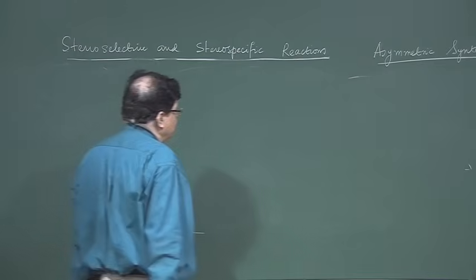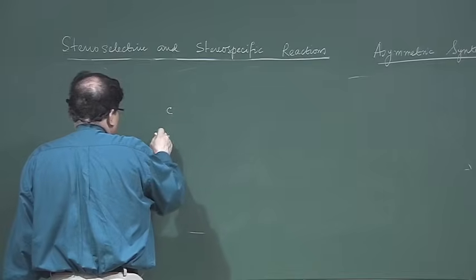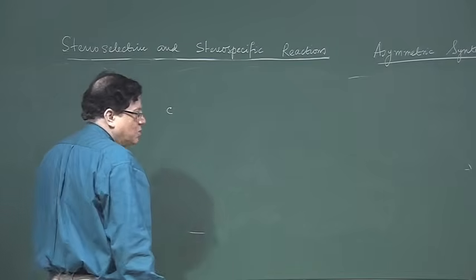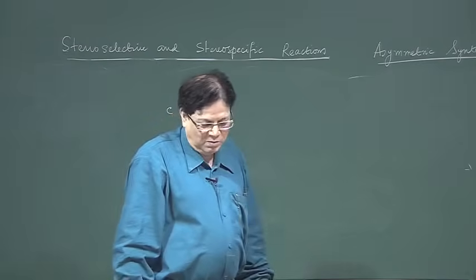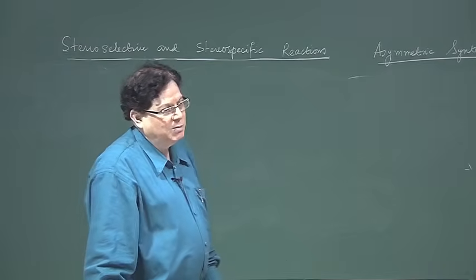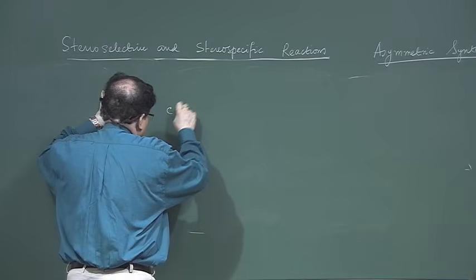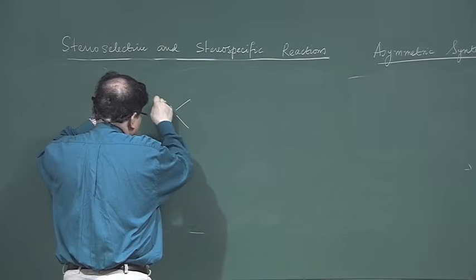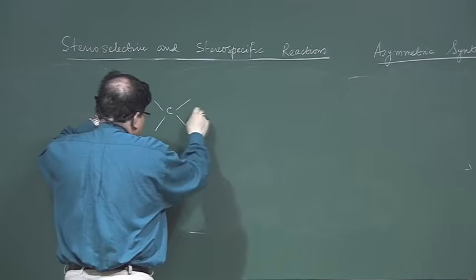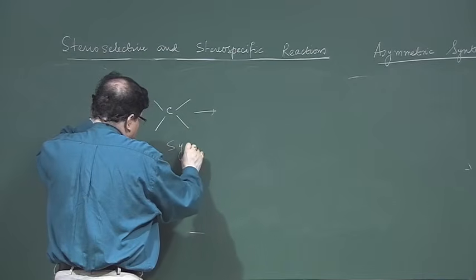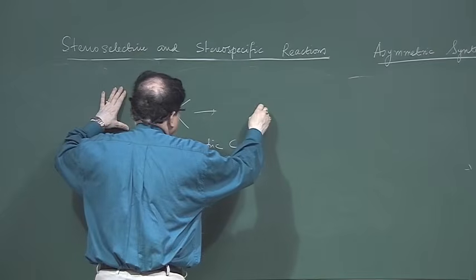Now, what is asymmetric synthesis? Asymmetric synthesis is when you take a molecule and you have a pro-stereogenic center. If you have a molecule where there is a carbon, suppose a carbon is there, it was a symmetric carbon, and you want to make it asymmetric.